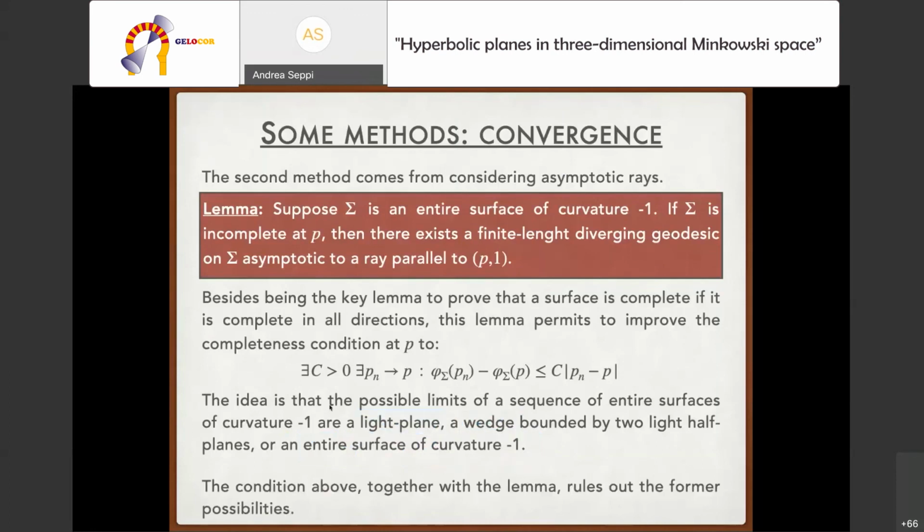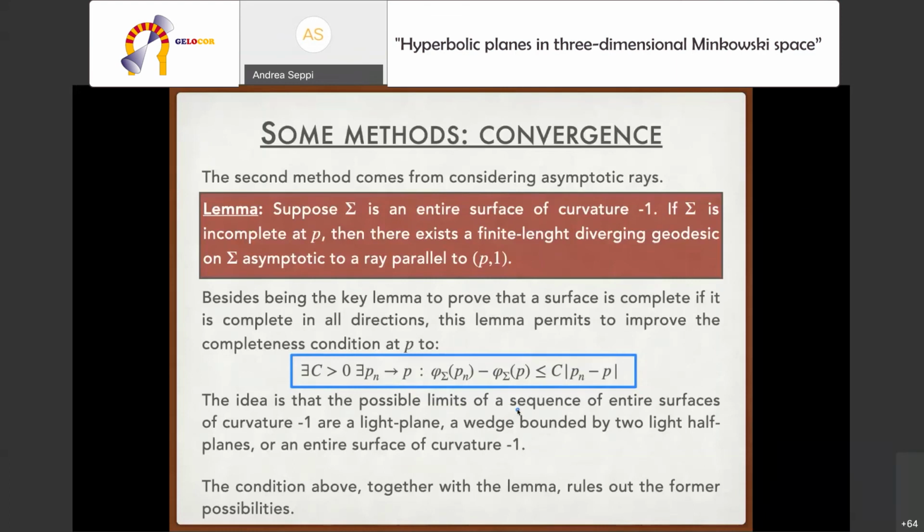Here I'm going very, very roughly, but this condition tells you that you can use linear isometries to take your surface sigma along a diverging Cauchy sequence and bring this sequence back to the origin, to a compact region of Minkowski space. And this condition tells you basically that the light plane and the wedge cannot occur as a limit. So the only possible limit is an honest entire surface of curvature -1.